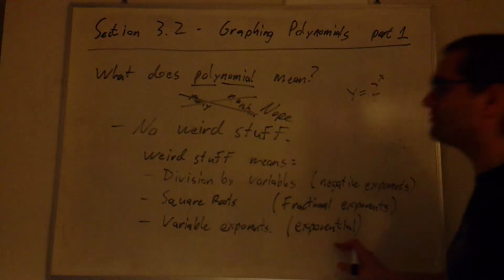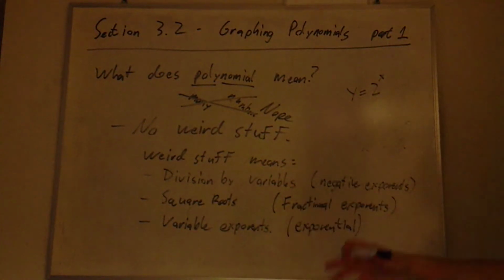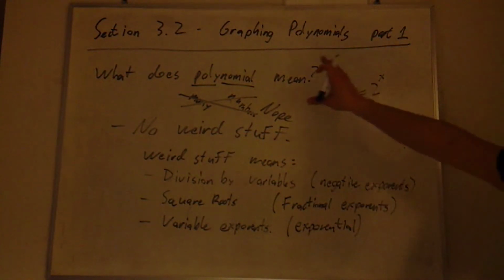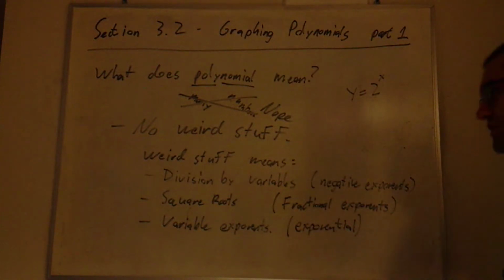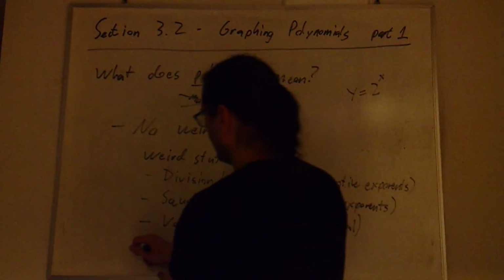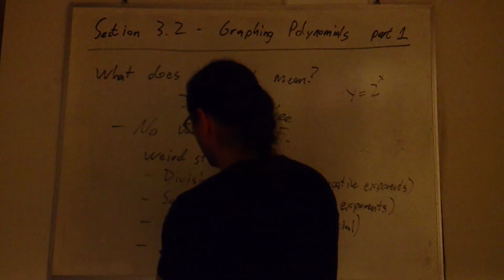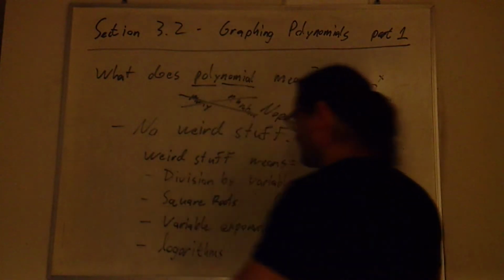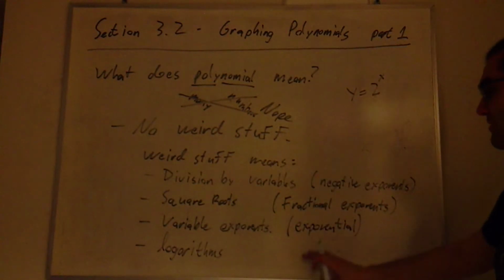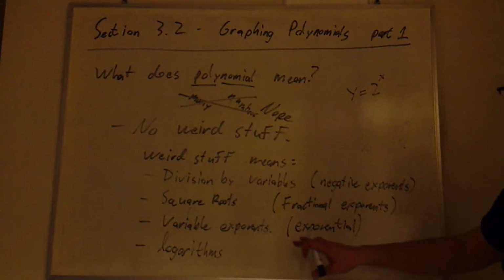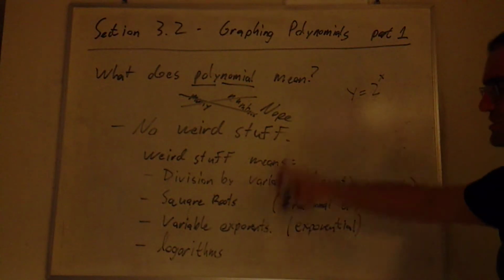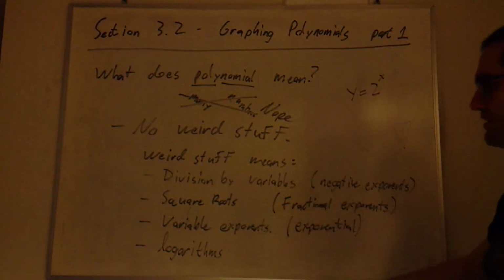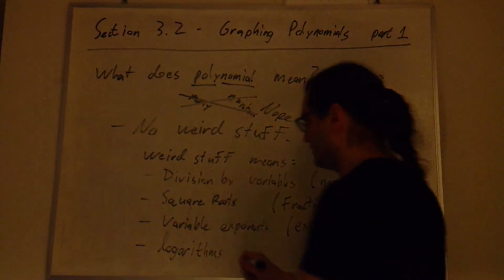And it is a different kind of function that behaves very differently from polynomials, and we'll talk about those later in chapter 4. Other things, logarithms. Logarithms are super weird. They behave kind of like exponential functions, except they have weird domain restrictions. They're sort of checking all the boxes for weird stuff, and they're definitely super not allowed in the polynomial club.